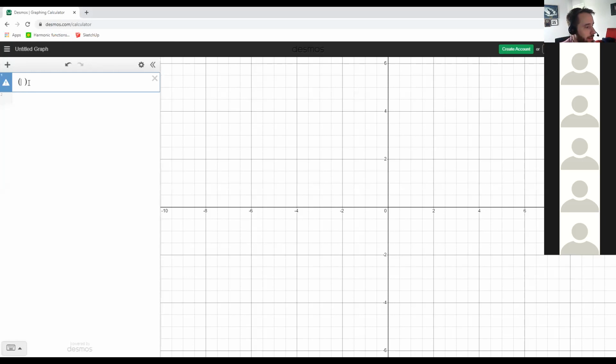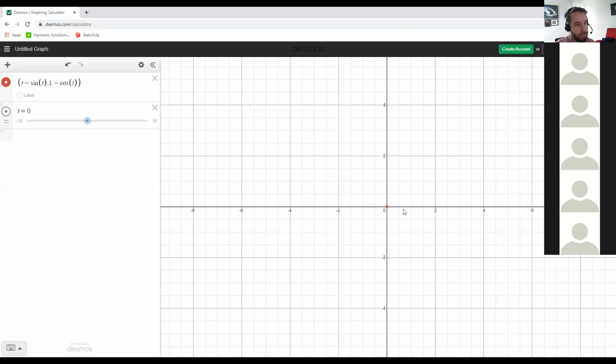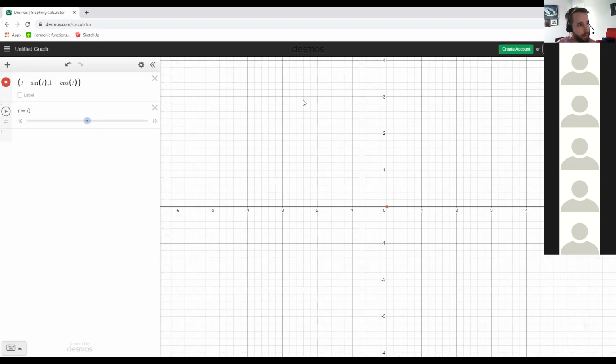And what we want here is our x-coordinate, which we said was going to be t minus sine of t. We'll add a slider for t here in a second. So t minus sine of t, that was our x-coordinate. And our y-coordinate was 1 minus cosine of t. Okay, so hopefully you can see this picture right here.